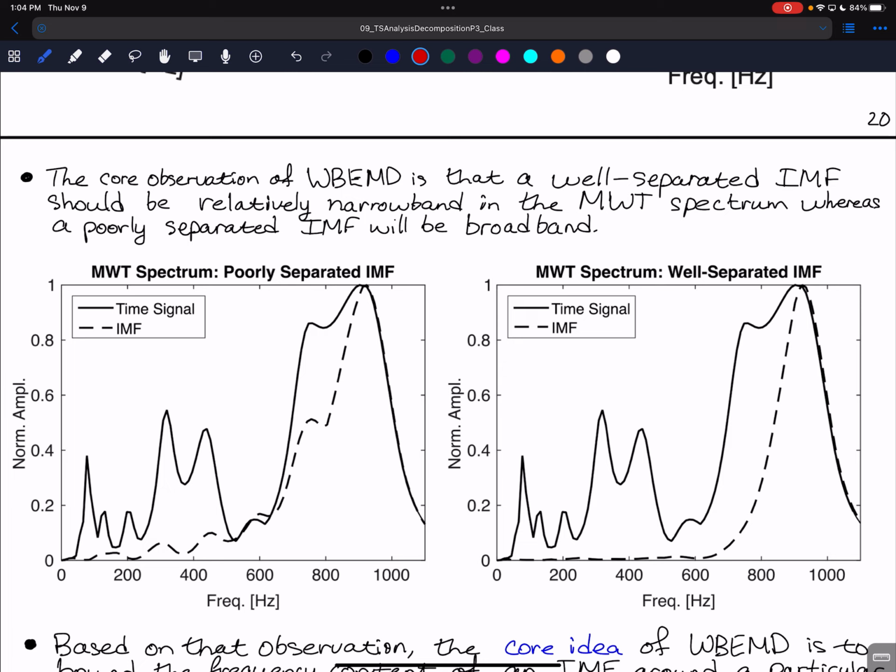The poorly separated IMF has multiple peaks, each representing a different component, and it's not very narrow band. The well-separated IMF really only has one particular peak. There is a little bit of contamination down here, although that is less than a tolerance that was specified in the wavelet-bounded EMD.